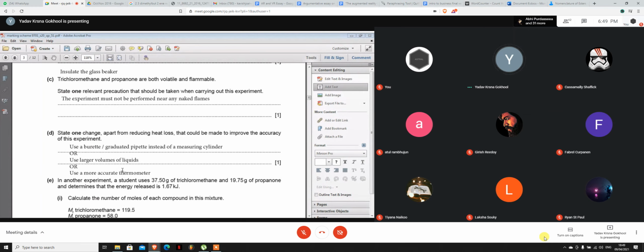We also use larger volumes. I hope that you understand why we use larger volumes. Larger volumes give us larger changes in temperature, and when we get larger changes in temperature, it gives us a lower percentage error.